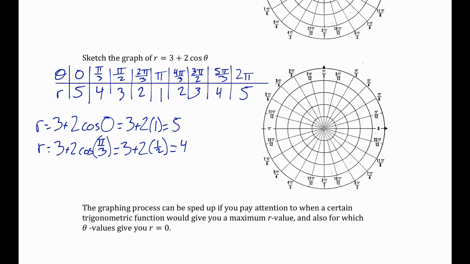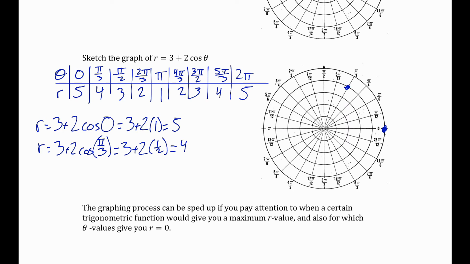So going over this pattern, at an angle of 0 radians, facing this direction, we got to go 5 in that direction. So we're going to go 1, 2, 3, 4, 5 is out here. Facing pi over 3, facing over here, we're going to go 4 out, so that's going to go to the 4th circle.